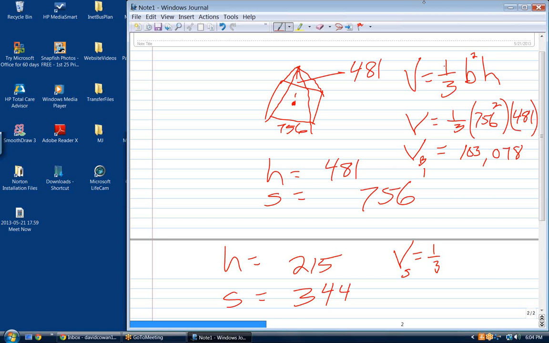Okay, so 756 squared. The reason I don't use this other one is because I'm not real good with the keys. So that's 571,000. And then times 481. Hold on. 756 raised to the 2. I'd better write this down because I'm having trouble doing it all in one step.